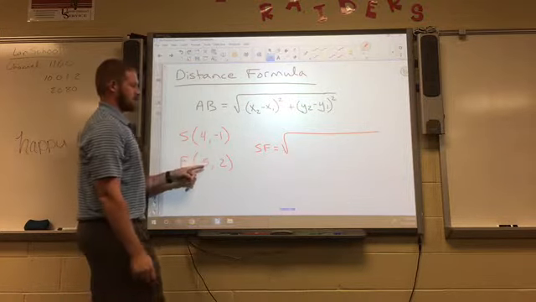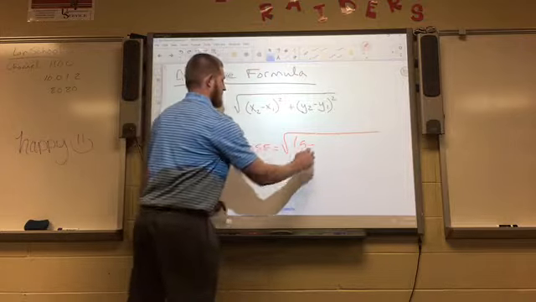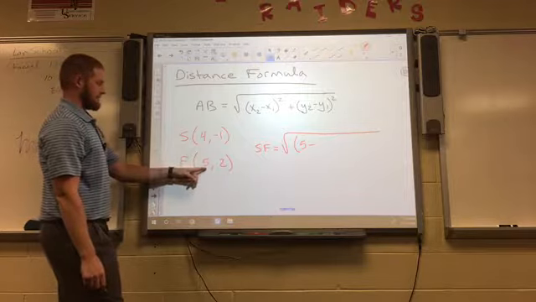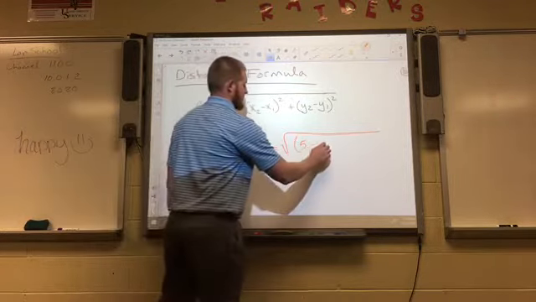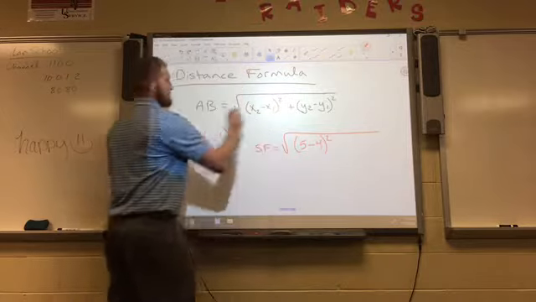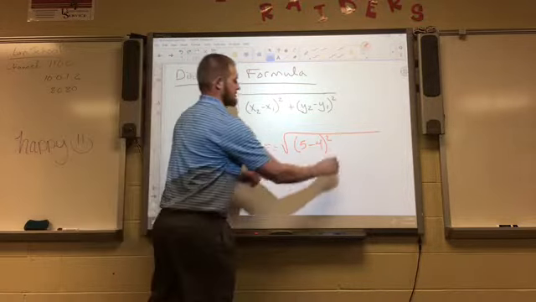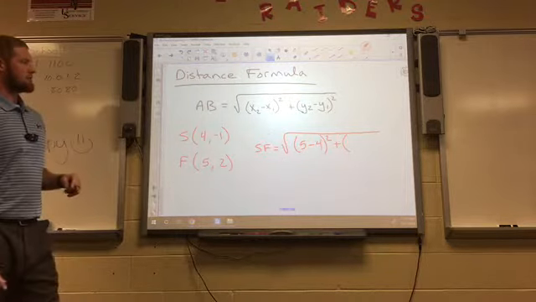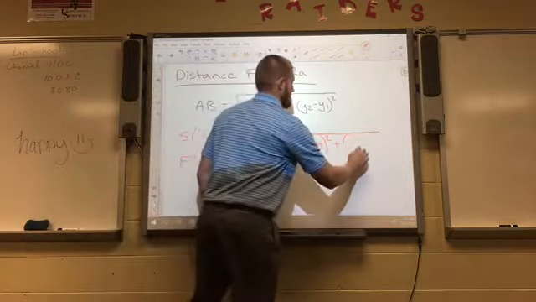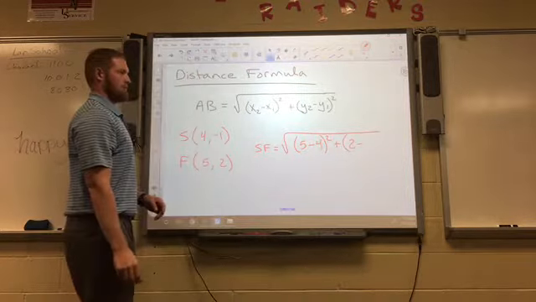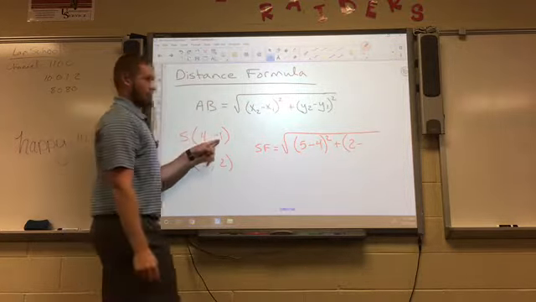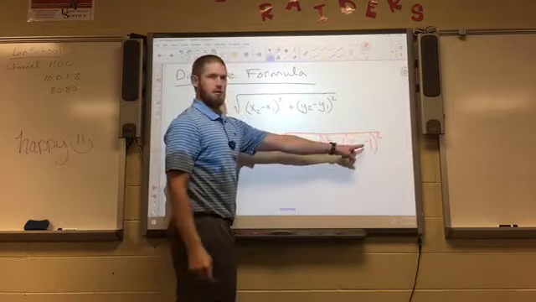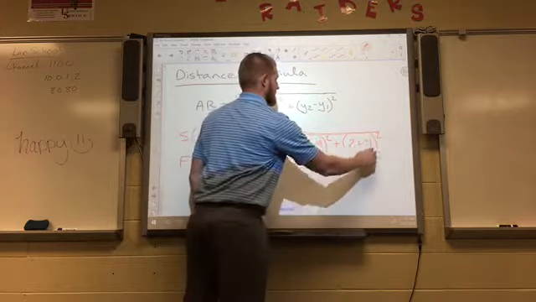So I'm going to do x2 is 5 minus what? What's x1 then? 4. If this is x2, 4 must be x1. So 5 minus 4 squared plus, make sure you copy everything down right, y2 is 2 minus, careful, negative 1, which actually turns into plus 1.